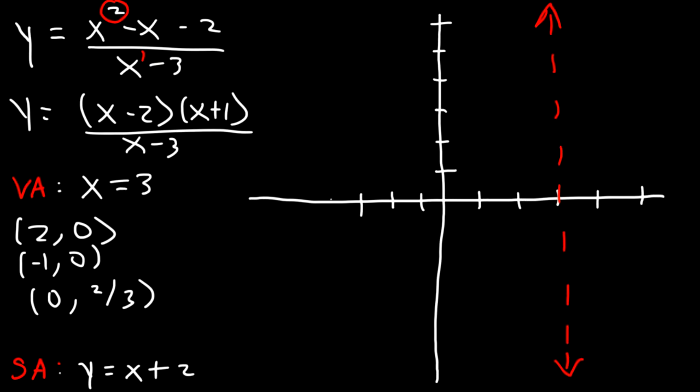But let me just add some marks to the graph. So the y-intercept is 2, and the slope is 1, which means that the rise is 1 and the run is 1. So the next point is going to be 1, 3, and then 2, 4, and then 3, 5, and so forth. If we go backwards, negative 1, 1, negative 2, 0, negative 3, negative 1, and so forth.